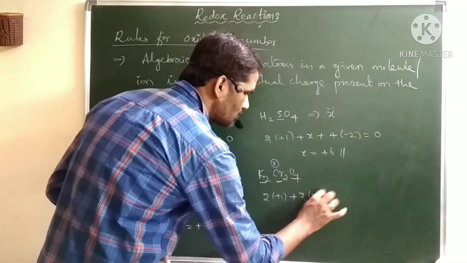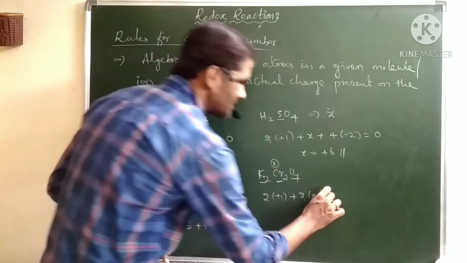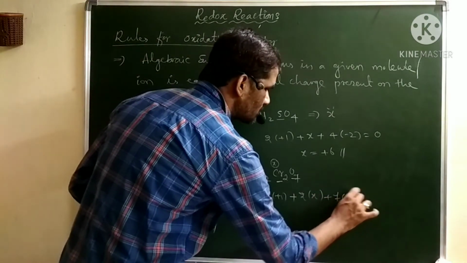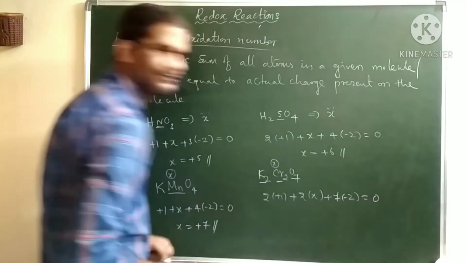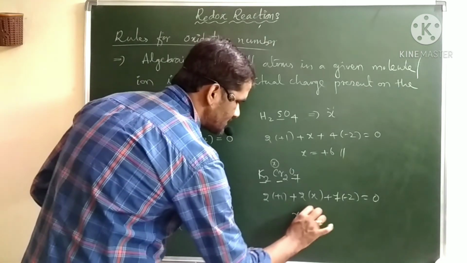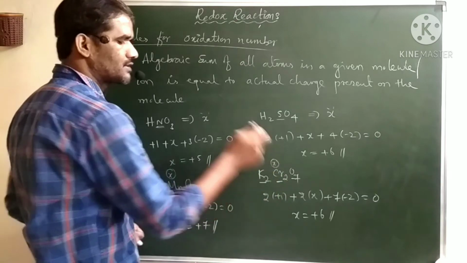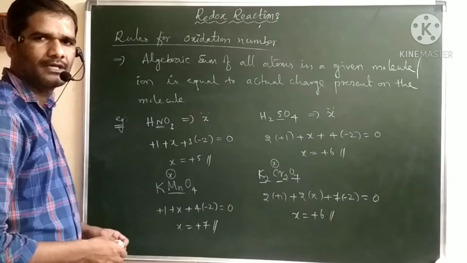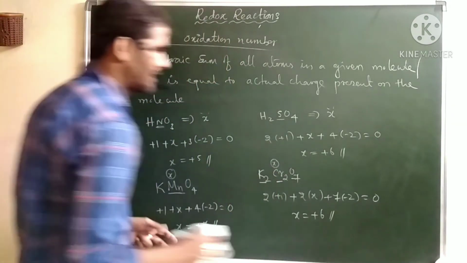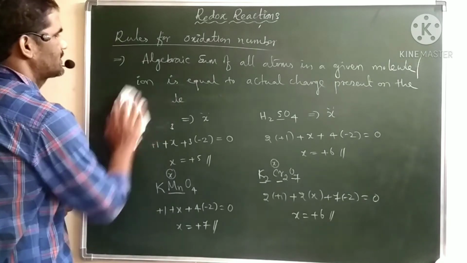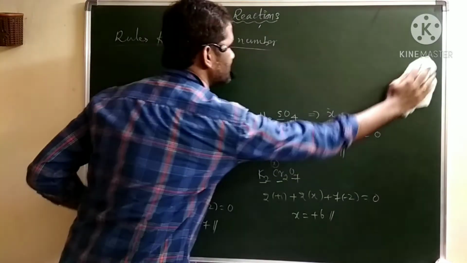So 2 into X plus 7 into -2 is equal to 0. From this X is equal to +6. This is the oxidation state of chromium in potassium dichromate. Like this, let us take some more examples.